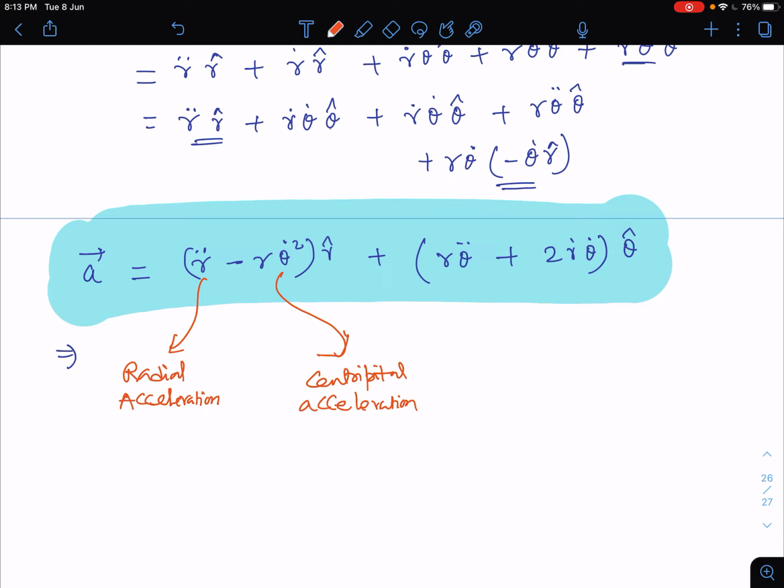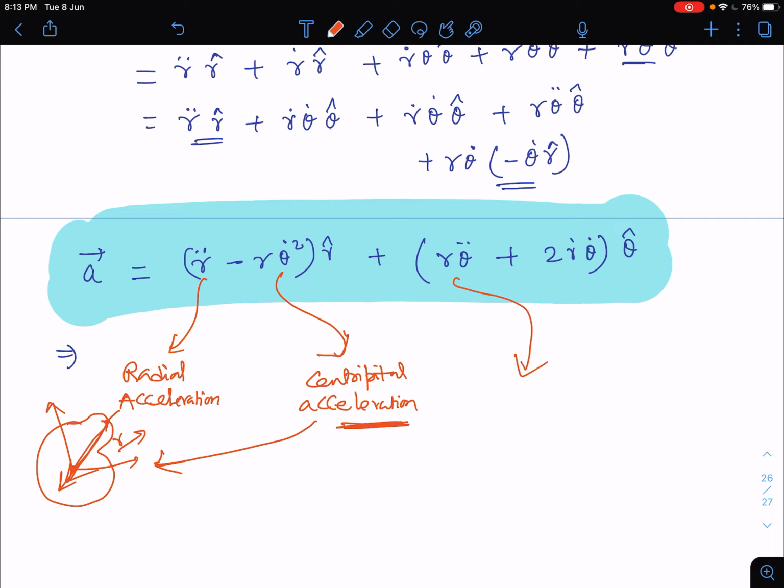If the body is moving in this direction, it will act opposite to the radius vector. The radius vector acts along this direction. So this is the centripetal part, and we have already discussed that in our uniform circular case.